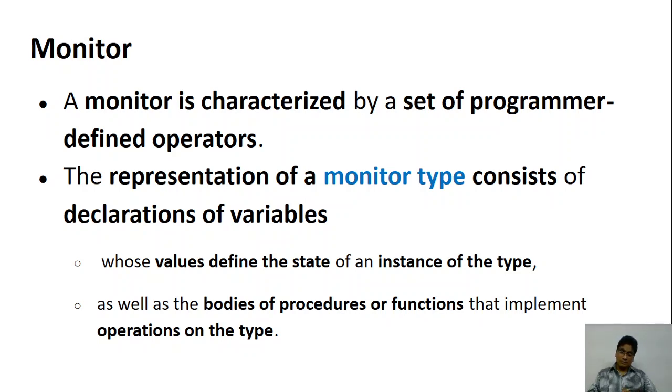Now let's look at the monitor. When we talk about the programming language, we know that different data types are available. We have integer type, double type, float type, character type, and there are different operators which work on those data types. Like if you have two integer numbers like 5, you can add them together, but in many programming languages, if you have two characters, you cannot add them.